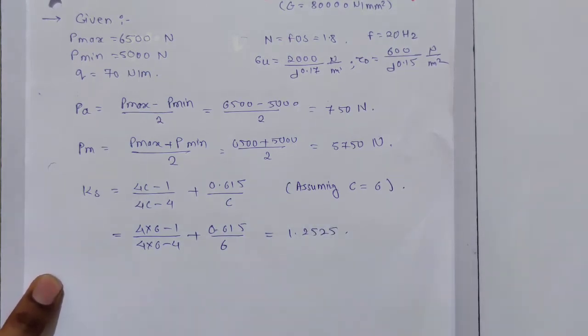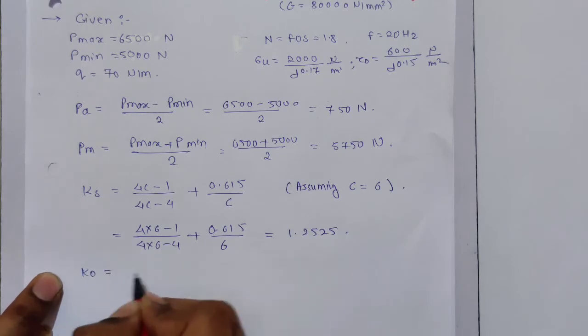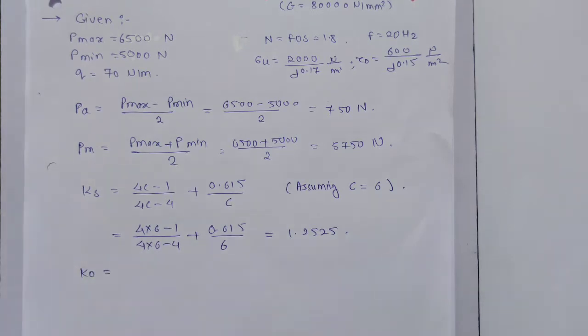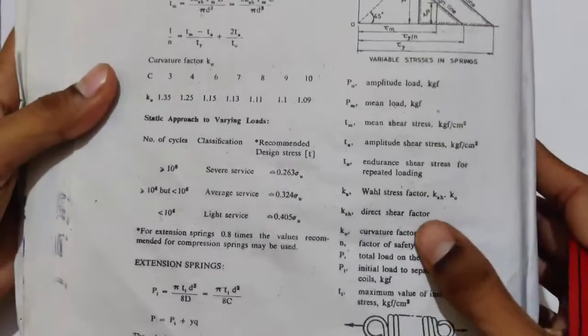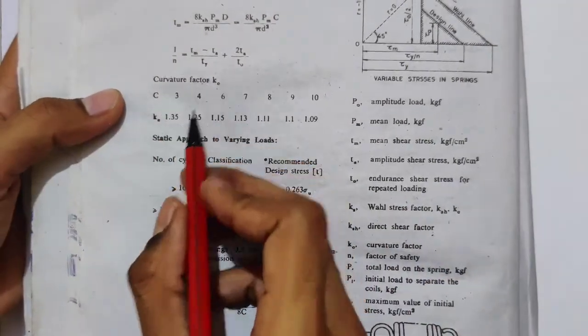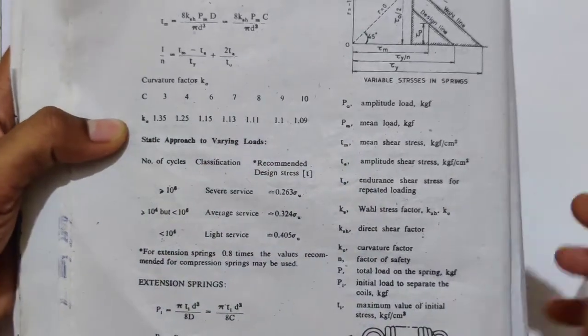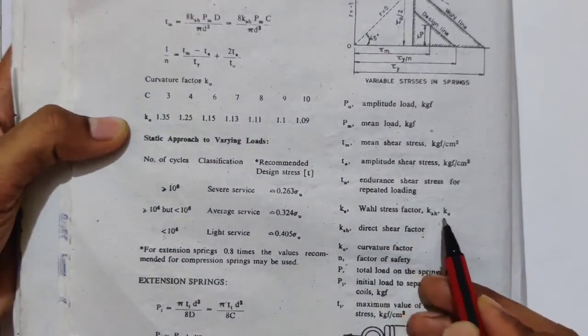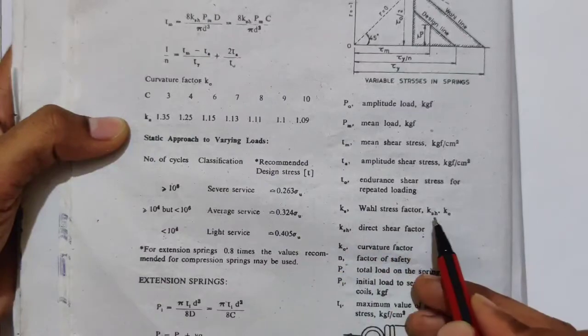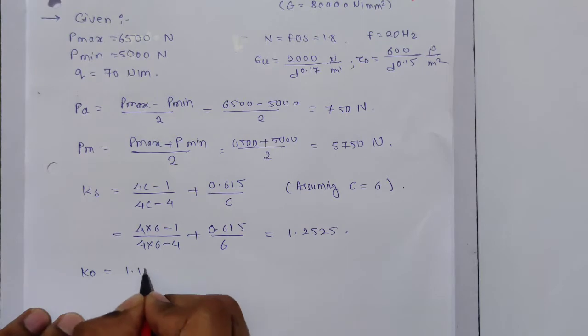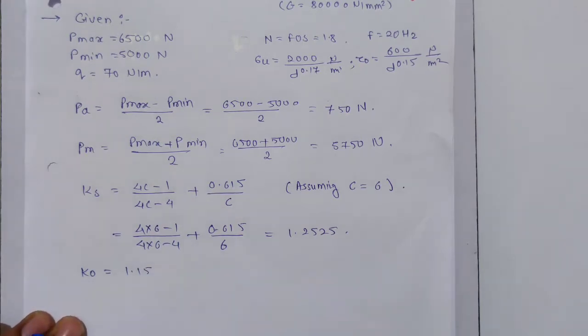Now we know for 1.25, the Ko value is on PSG 7.102. Here the curvature Ko value for C6 is 1.15, and the relation of KSH and KO is Ks equal to KSH into KO. You have to mention the PSG page number.